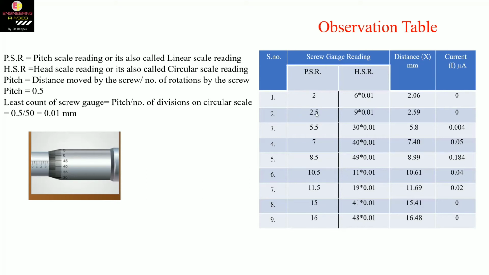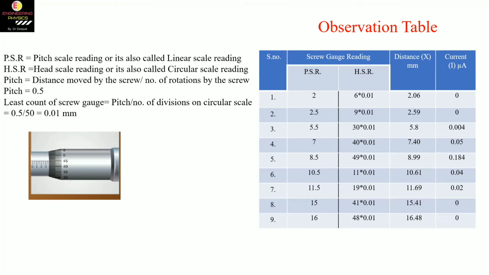Second reading after the half division, 2.5, and the circular scale reading 9, multiplied by the screw gauge least count 0.01, gives 2.59. And after that, the third reading 5.5, the circular scale division coinciding with the main scale, multiplied by the least count, we can get the distance. Similarly, we can repeat it in the same manner.